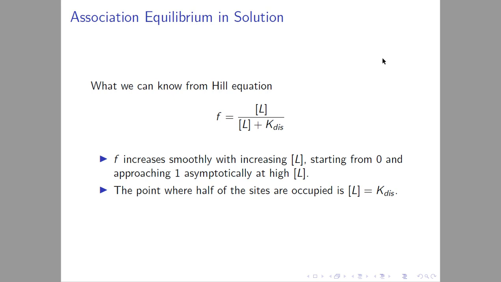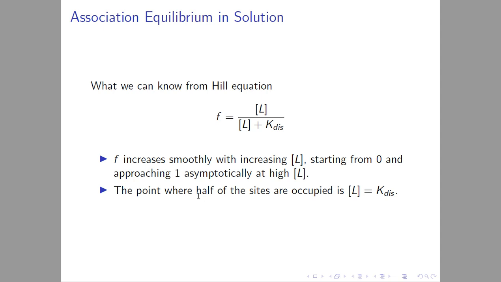Again, like before, what can we know about this Hill equation? The fraction increases smoothly as we increase L, starting from 0 and approaching 1 at high L. So 0 is where there is no association, until 1, where all the reaction centers on the protein have been attached by the ligand.